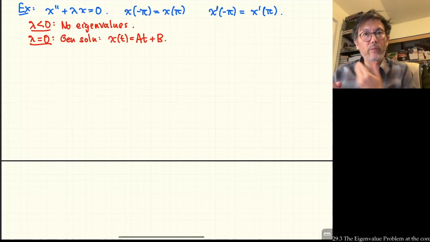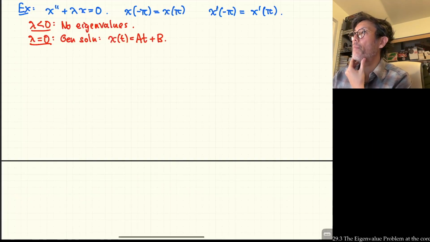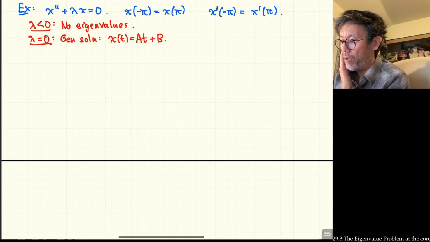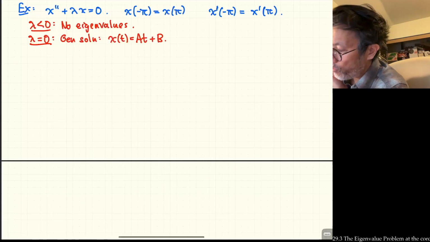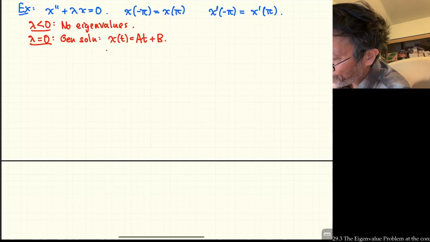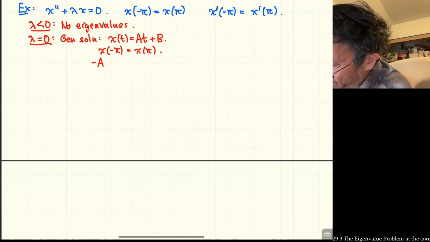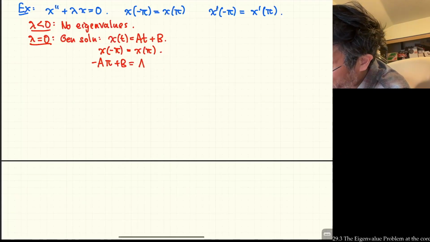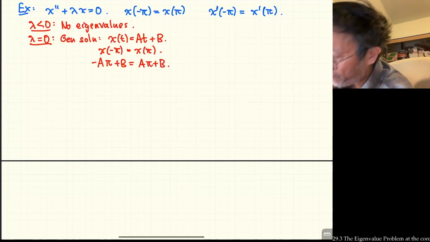Now, what do the boundary conditions say about this state of affairs? Well, if x of negative pi is equal to x of pi, then this says that negative a pi plus b is equal to a pi plus b.